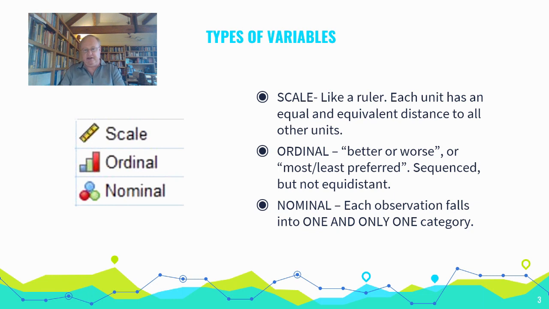And we can think of lots of other categories in life where we would say that this is nominal or categorical data. So do you live in a city, a town, or in the countryside? That's 3 separate boxes.